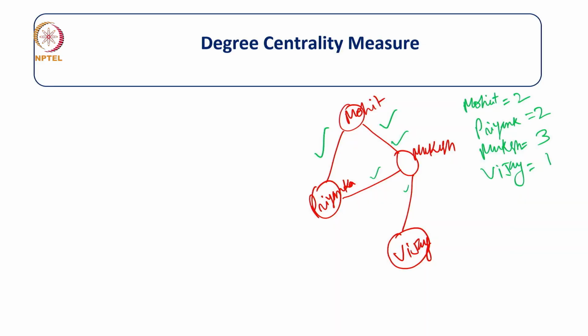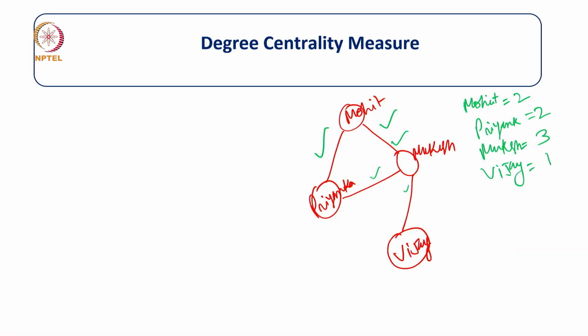Also, we can normalize this degree of centrality measure. How do we normalize? We simply divide the degree of centrality by n minus 1, where n is the number of nodes. So the normalized degree of centrality for Mohit will be 2 upon 4 minus 1, equal to 2 by 3, so 0.67.